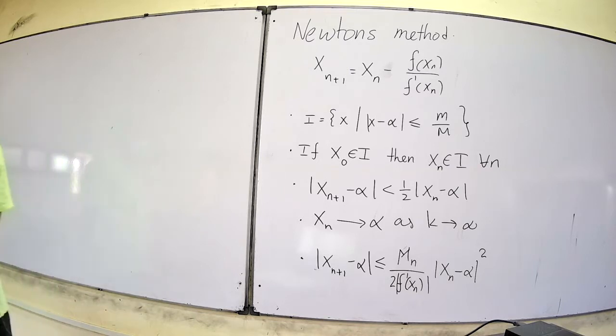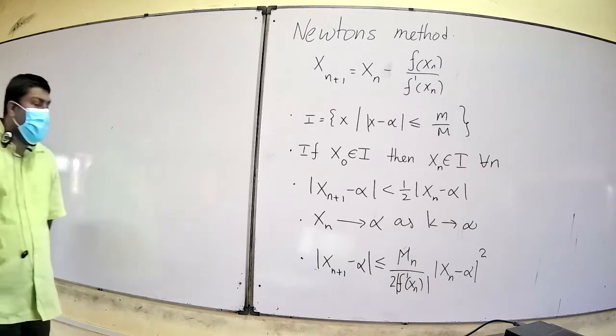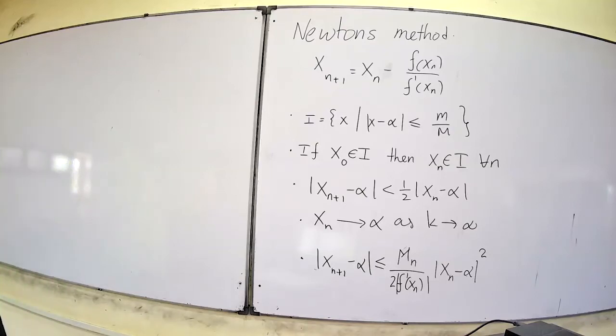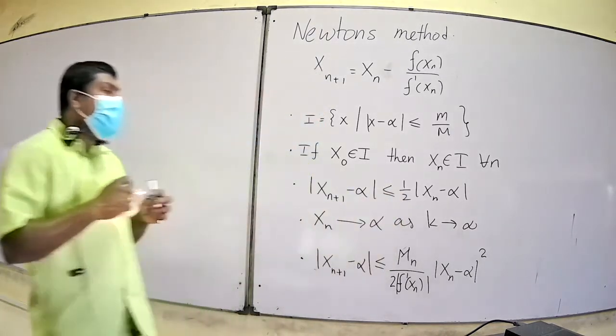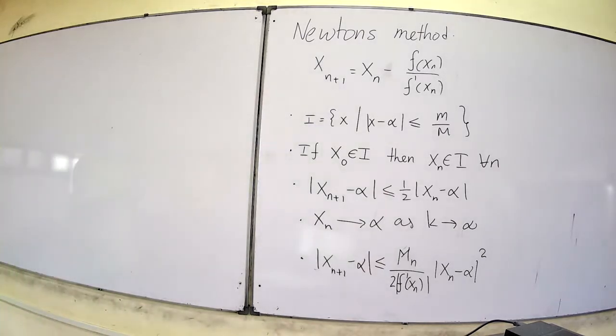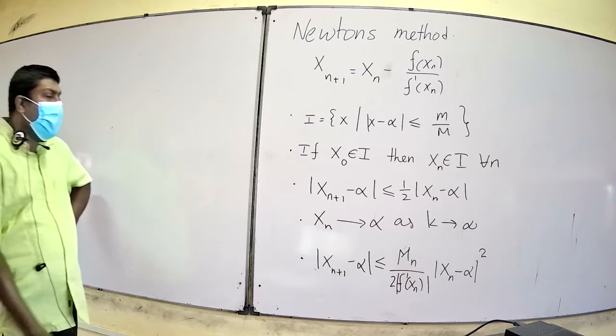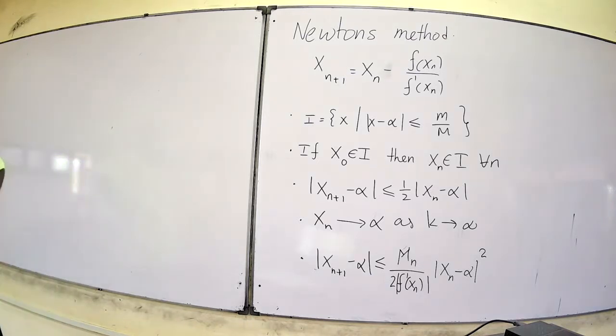And also the distance between the present iterate and the zero is less than or equal to half of the distance between the previous iterate and alpha. Based on that we proved that xn converges to alpha as n goes to infinity.